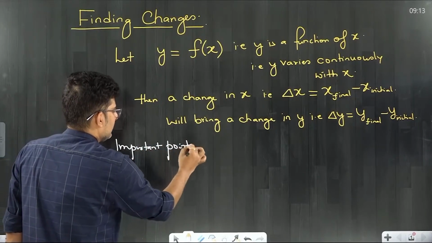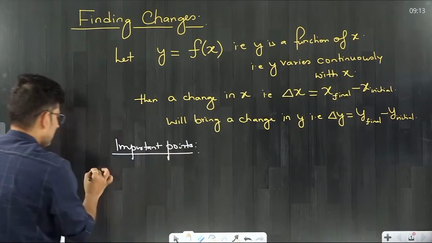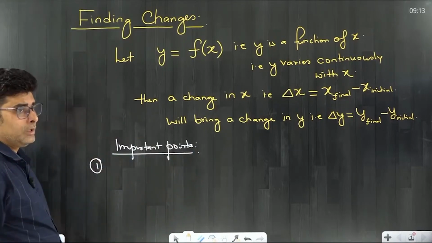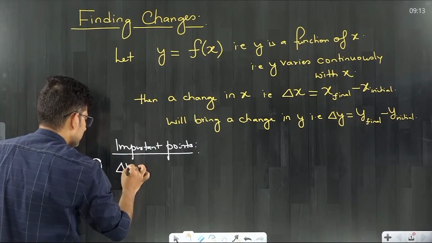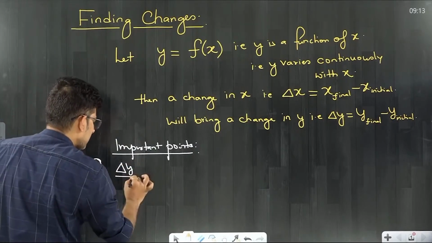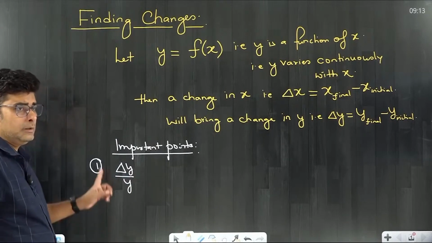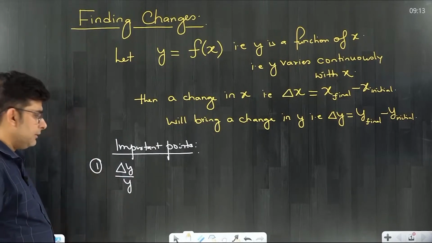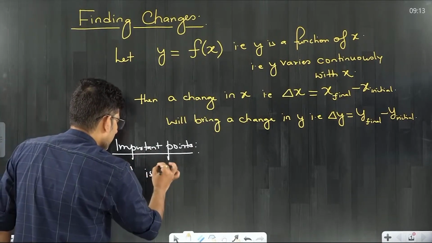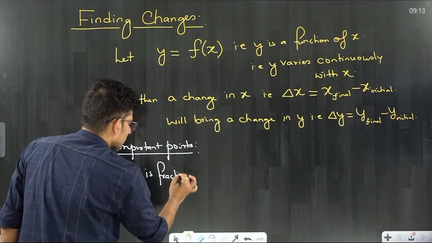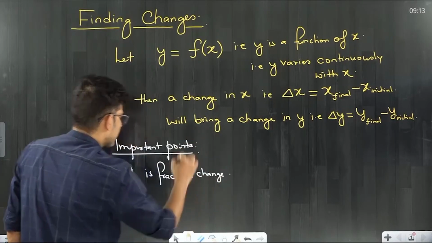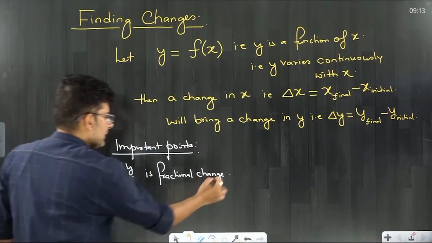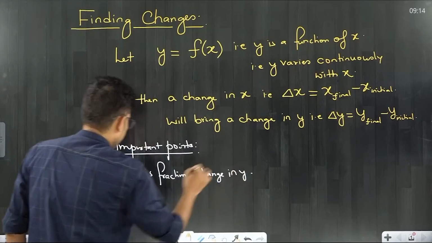Now a few things that you will remember over here, very important points or golden points. The important points that you have to keep in mind is, first thing, when they say delta y by y, change in y by y, this will be called fractional change. This is fractional change in y.